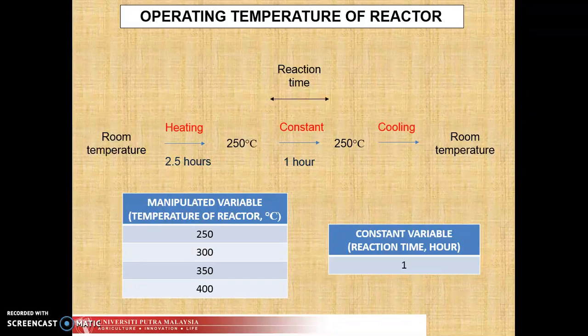So I planned to manipulate the temperature to 250, 300, 350 and 400 degrees Celsius, keeping the reaction time constant at 1 hour.